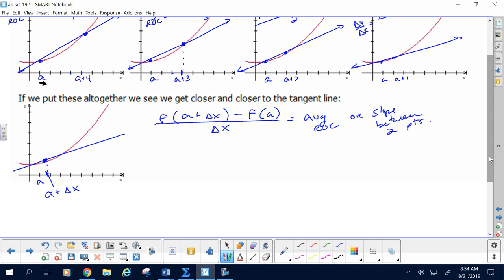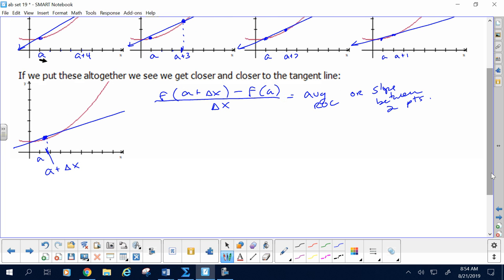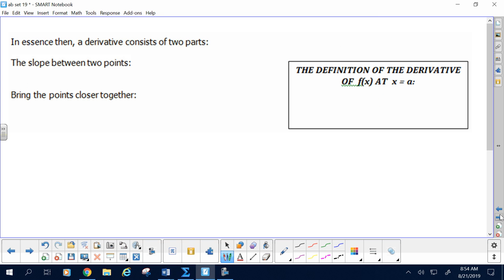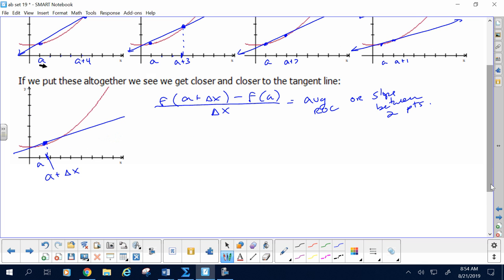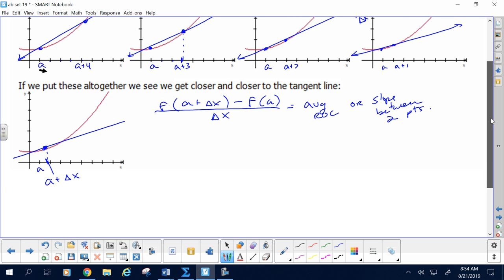Now, here's where the calculus comes in. They were able to get about that close in India, but without this fully fleshed out idea of limits, they weren't able to run it on for the touchdown. If we want this to become closer and closer to the slope at a point, then what's happening to that delta x each time that I'm getting closer?